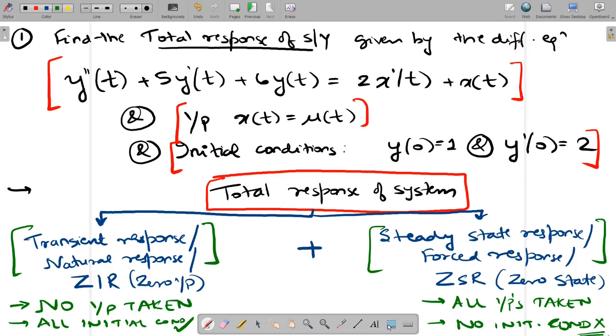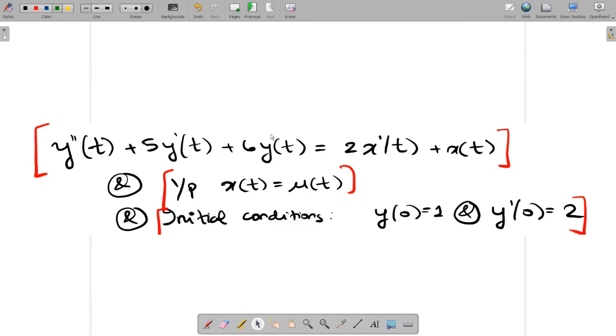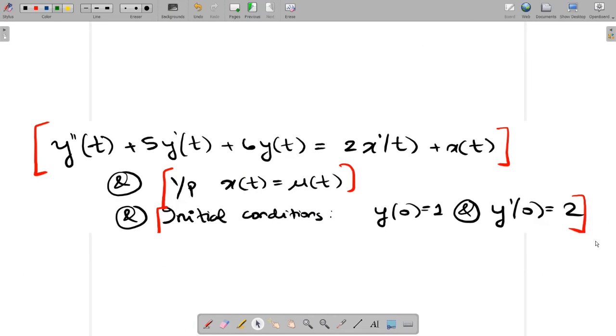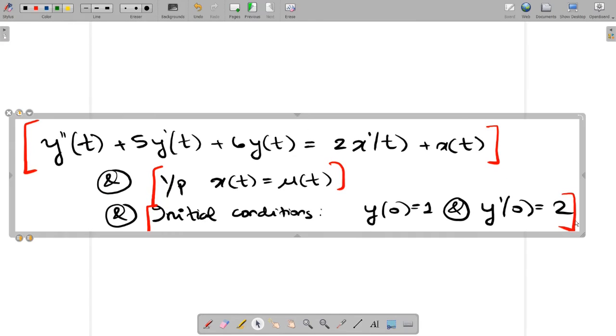Let us copy this and keep. This is the sum, I need to find the total response.